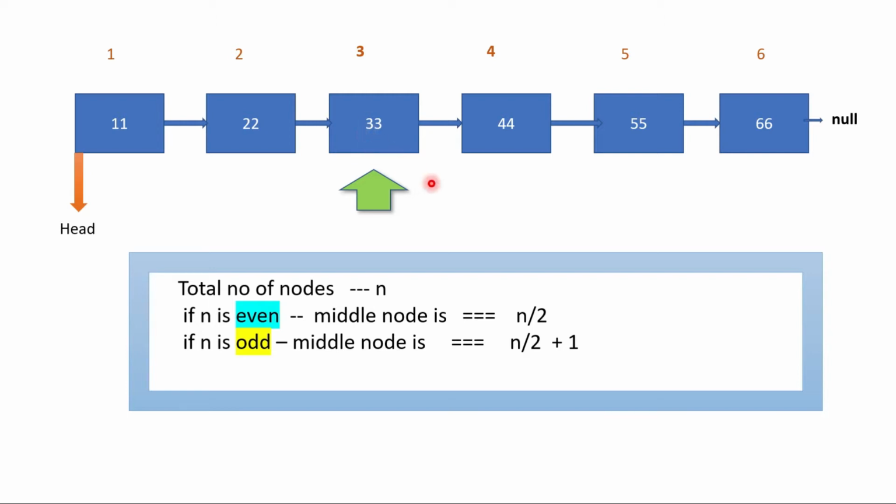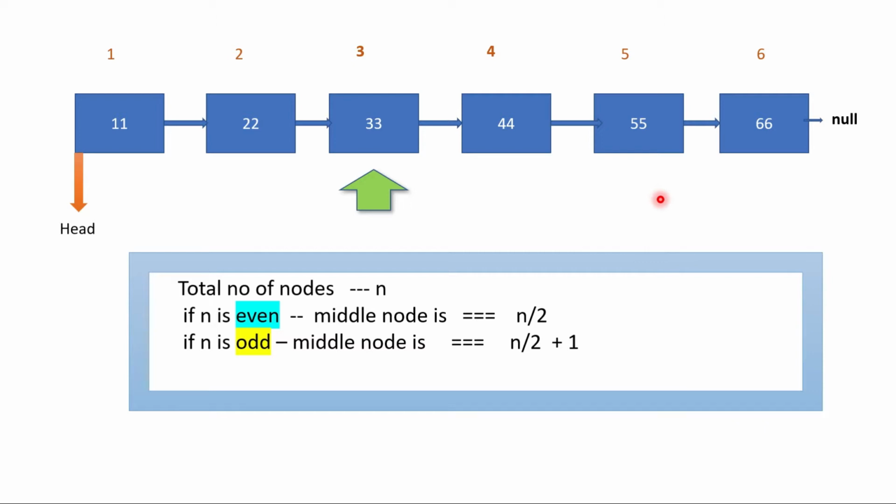Now what approach can we take to get this middle node? First of all we have to get the total number of nodes, that is n. How to get that? As it's a linked list, we can't get it directly.